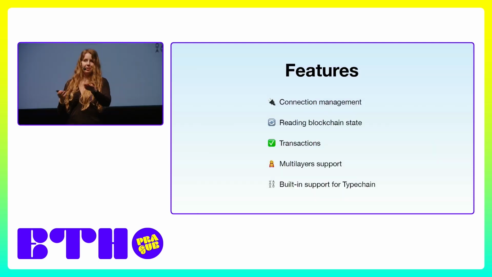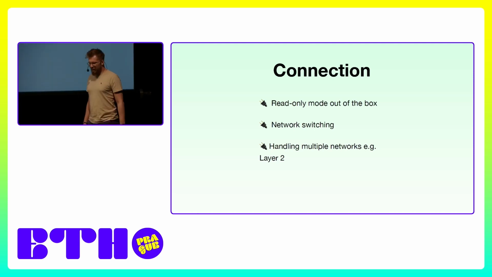Let me go quickly through all these features we have, and then we can dive deep into them. So we have connection management, reading blockchain state efficiently. We handle transactions easily. We have multi-layer support, and also built-in support for TypeChain. So if you are not a JavaScript type of guy, but a TypeChain type of guy, it's here for you.